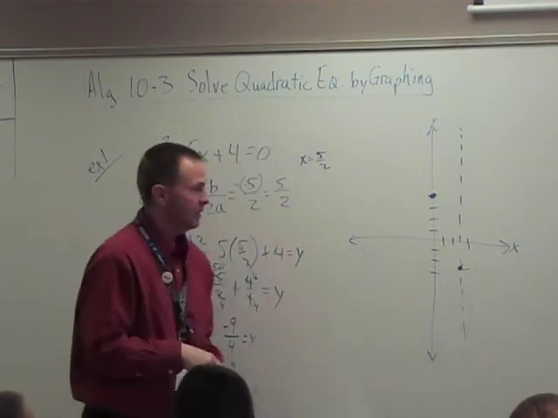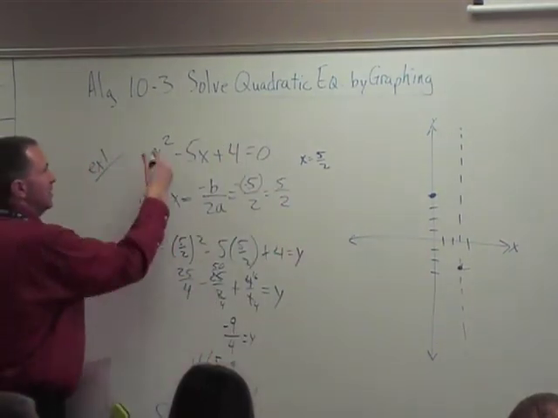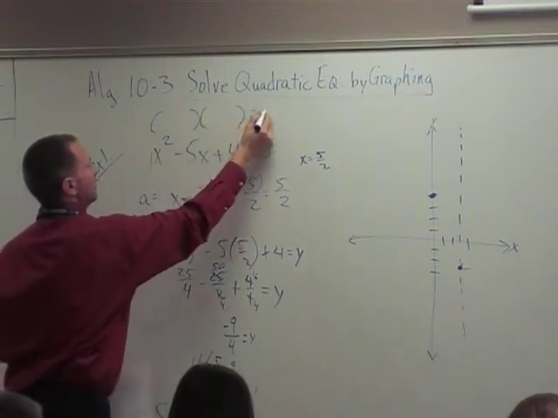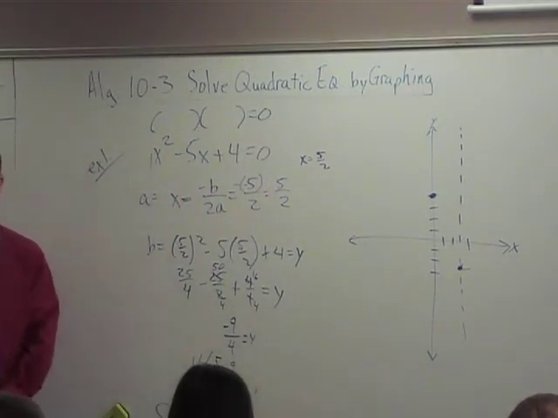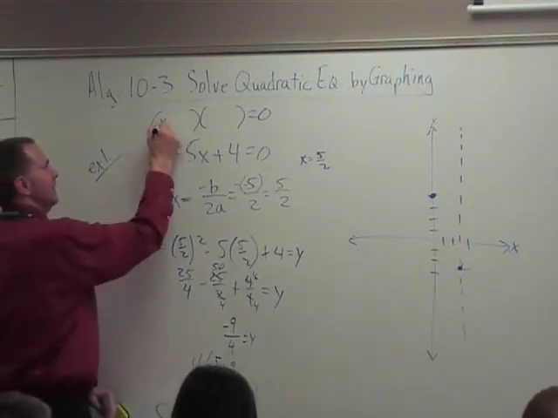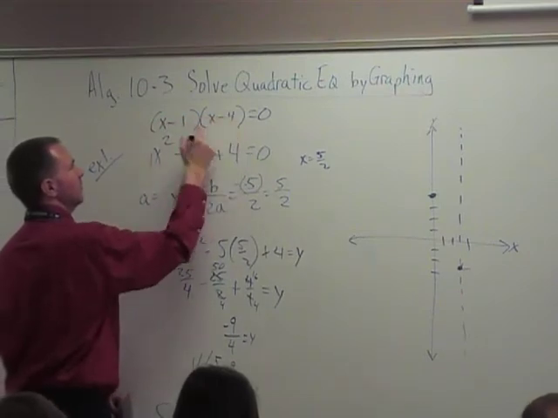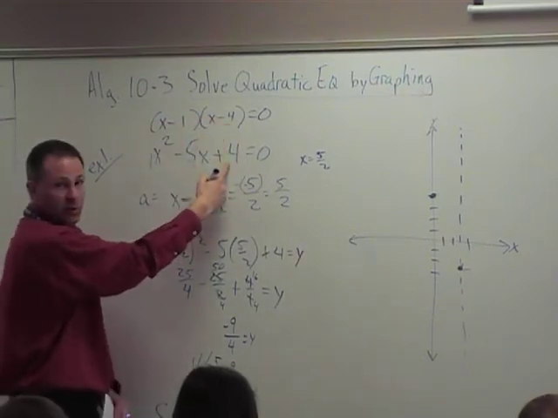That's part D, finding your zeros, factoring this. What does this factor into? X minus 1, x minus 4. Negative 1 times negative 4 is positive 4.